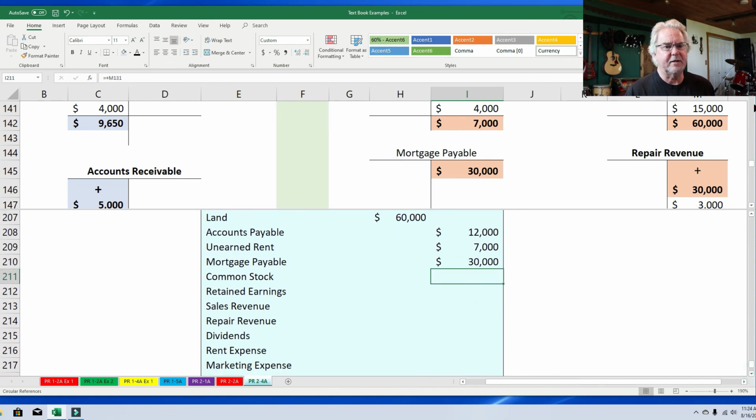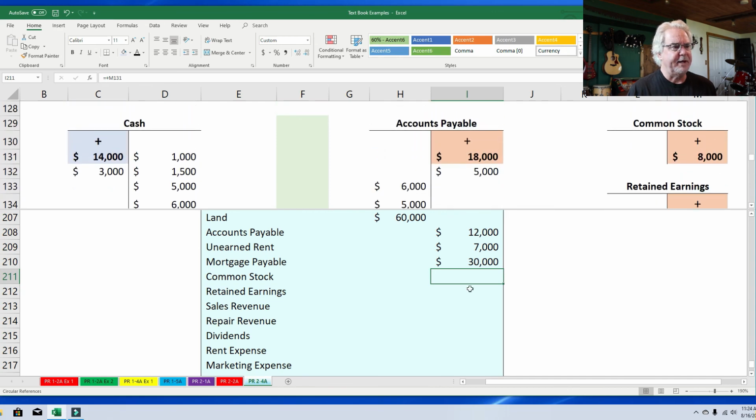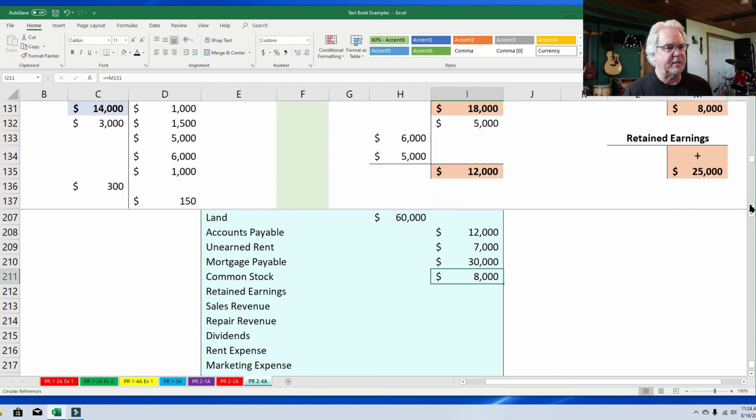Common stock. I know when you're beginning accounting here, it's really tedious and time consuming. But when you actually start doing accounting, it's a lot easier because computers do most of this tedious work for us. So retained earnings on the right-hand side for 25,000.